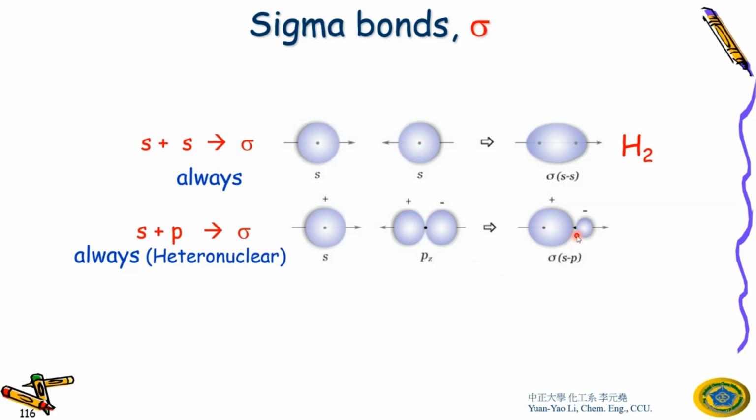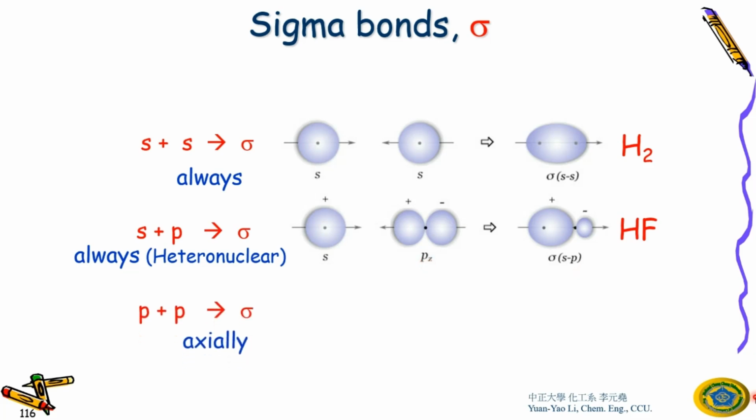So this is the nuclei, and between the nuclei, again, there is a continuous electron density between these two nuclei. So this is called sigma bond. For example, this is hydrogen fluoride. Hydrogen is an s orbital, fluorine is a pz orbital.